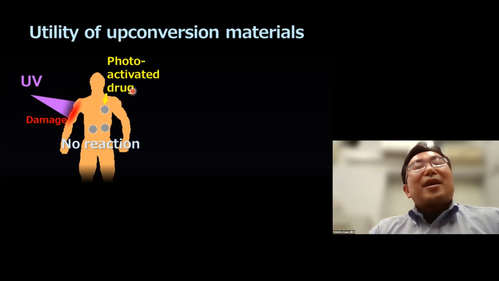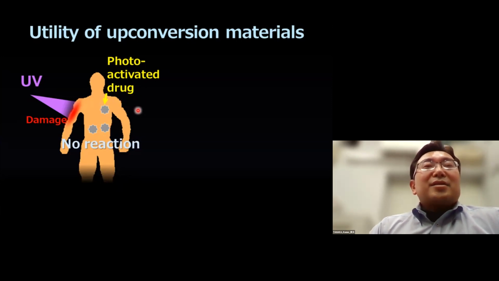At this stage, there are various types of photoactivated drugs, but at a deep spot inside the body, these drugs cannot be activated by photoirradiation. Usually for the activation of these drugs, UV light irradiation is needed.